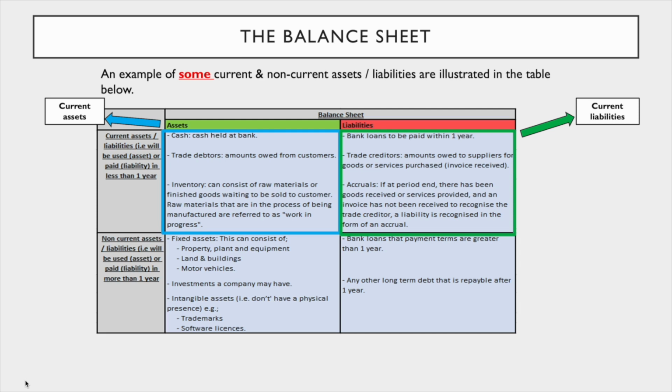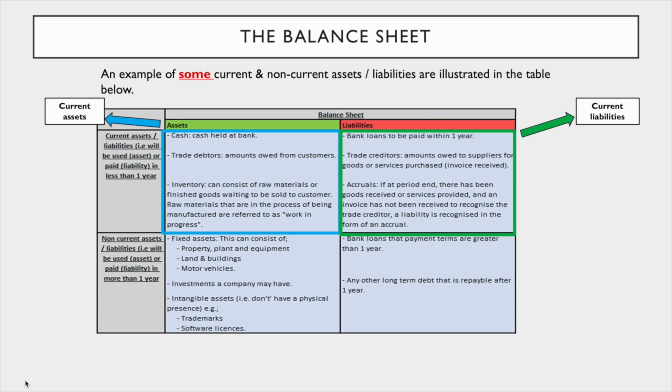Current liabilities are liabilities that will be settled in a period of less than 1 year. So for a bank loan, the element that is due in less than 12 months or 1 year is considered to be current. Trade creditors are effectively purchases made on credit. There's going to be an outflow to settle a past transaction or event, so that is an example of a current liability.